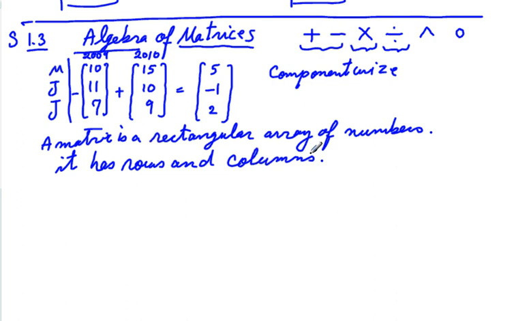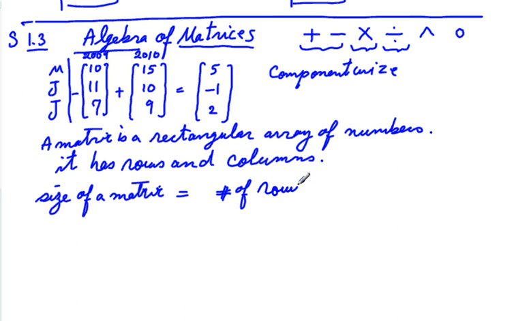First thing that we want to talk about is the size of a matrix. When you want to refer to a matrix, you want to say how big the table is. The size of a matrix is written as the number of rows with the multiplication sign followed by the number of columns.